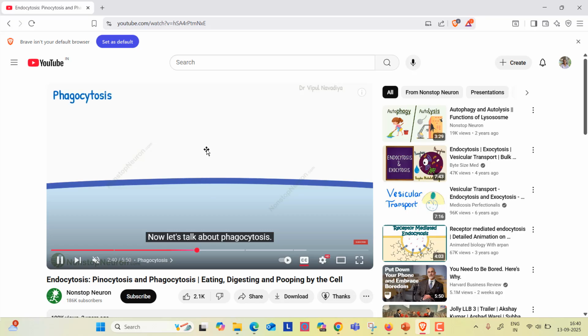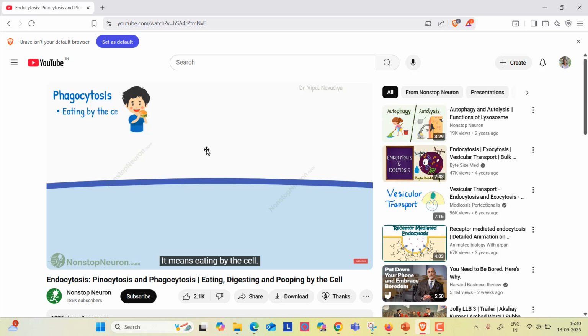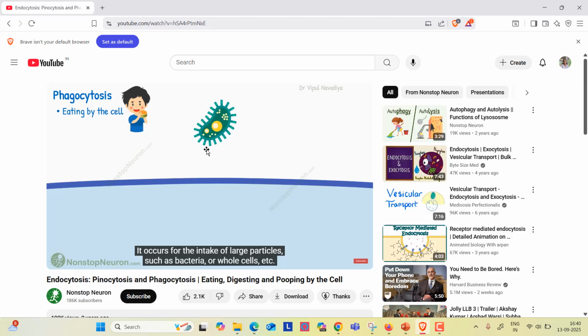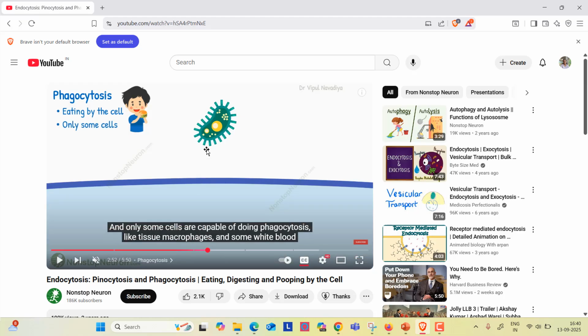What is phagocytosis? Phagocytosis is the cell eating, right? It occurs for the intake of large particles such as bacteria or whole cells. Generally bacteria size is around 2 micrometer to 10 micrometer.